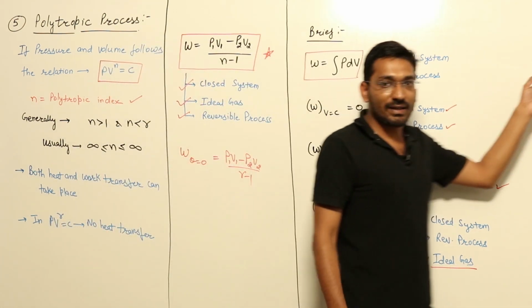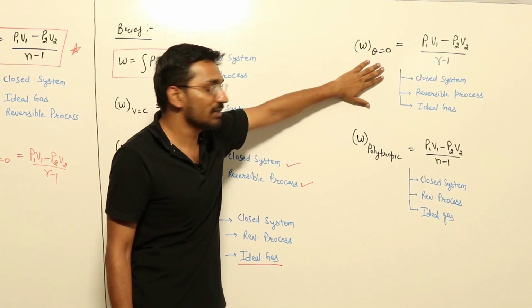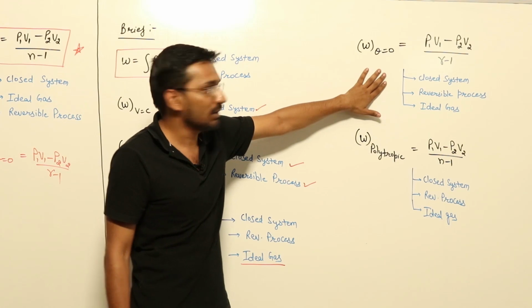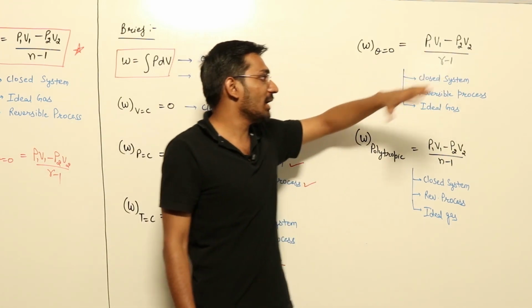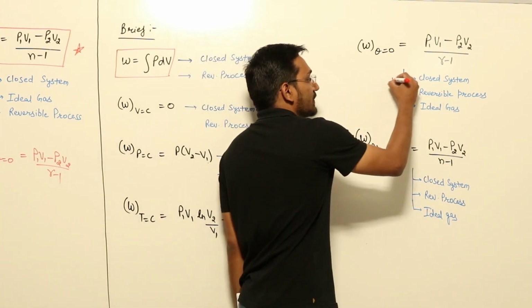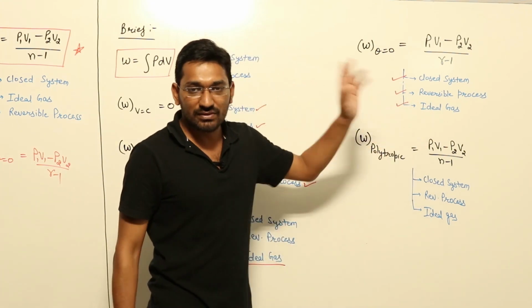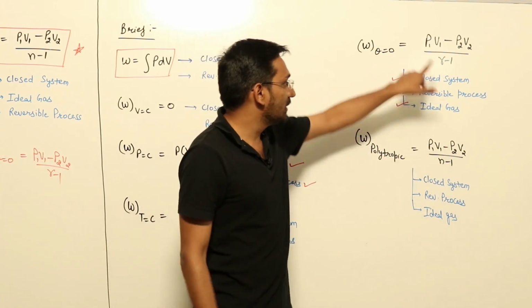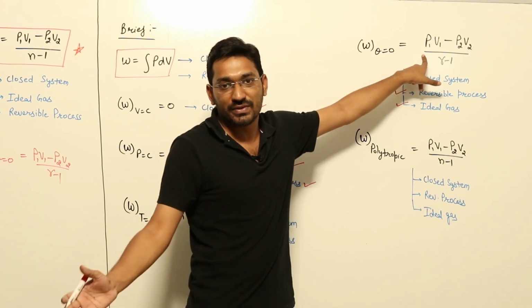Work done in an adiabatic process, in which there is no heat transfer, is P1 V1 minus P2 V2 divided by gamma minus 1. There are 3 assumptions for using this: closed system, reversible process and ideal gas. If these 3 assumptions hold good, then we can use this formula for an adiabatic process in a closed system.